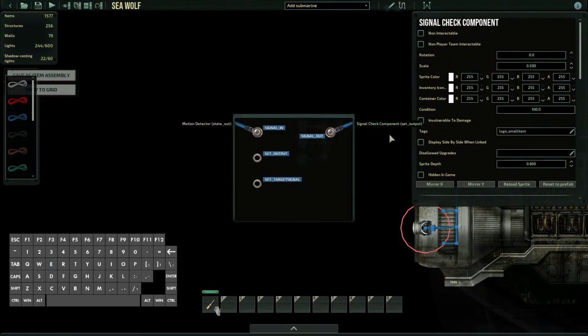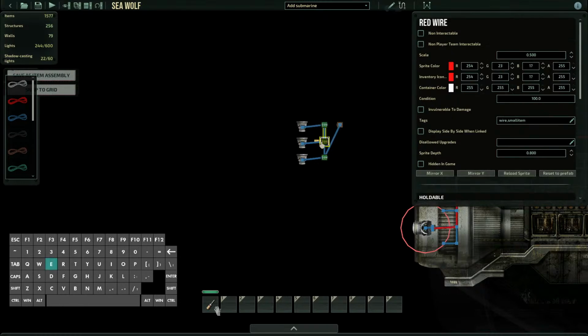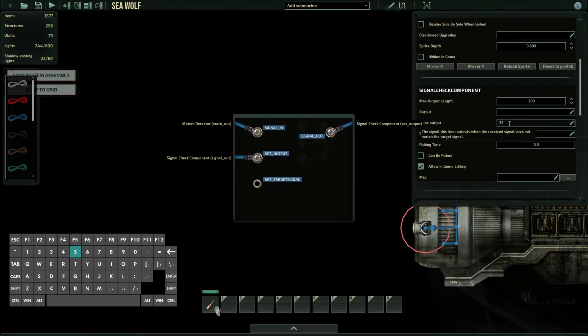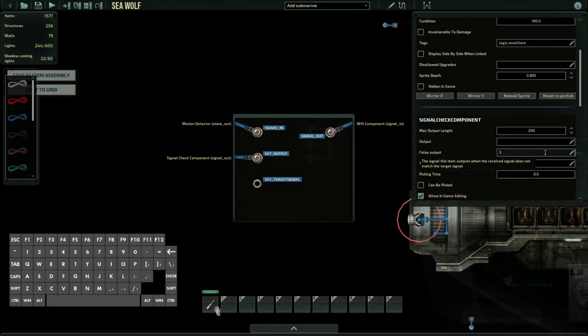Actually, let's do this. We'll call this... I've never built this before, so I'm doing this off the top of my head.